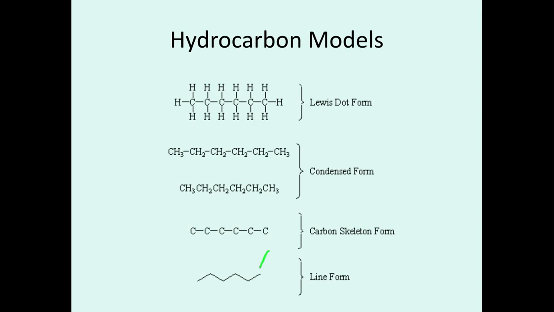At the end is a carbon. And anywhere you see an angle is a carbon. So 1, 2, 3, 4, 5, 6. That's the same as this one. 1, 2, 3, 4, 5, 6. So this one would correspond to here.